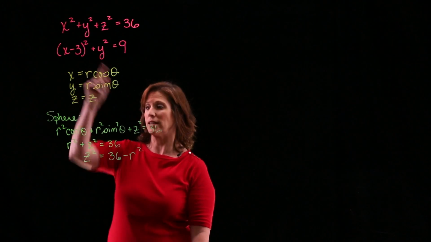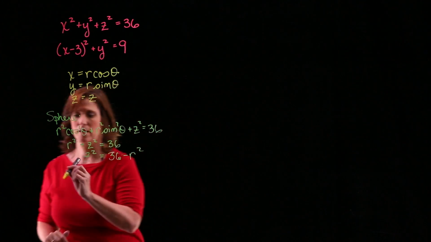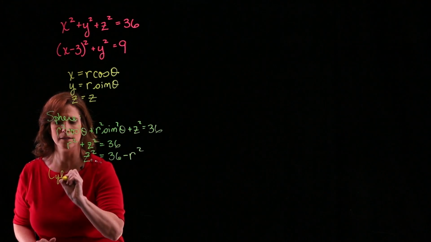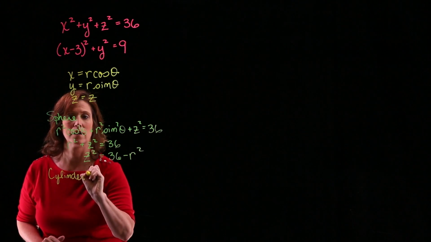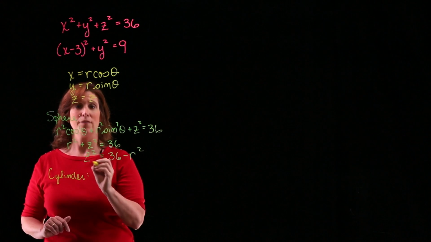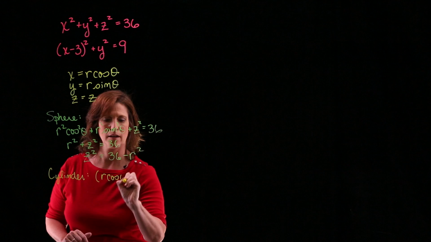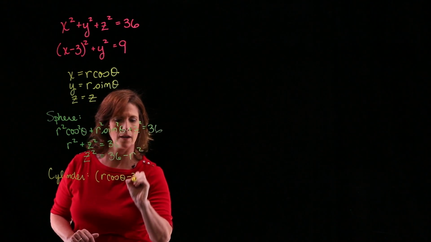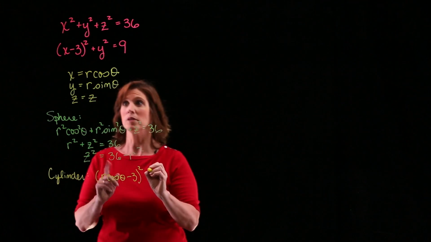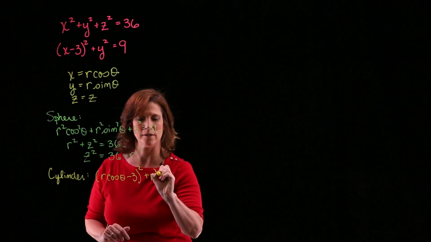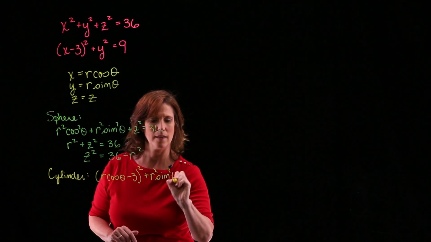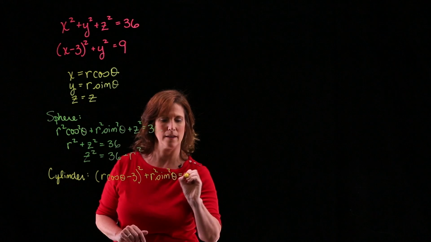So now let's go ahead and look at the cylinder. For the cylinder, we're going to have the quantity r cosine theta minus 3, squared, plus y squared, which will be r squared sine squared theta, equals 9.